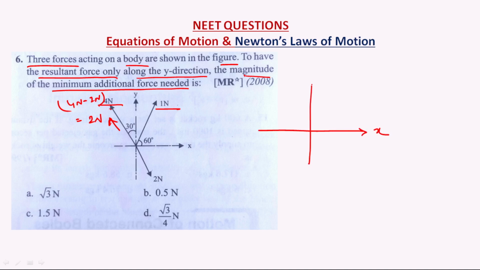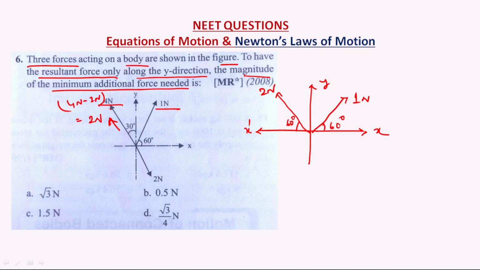This is x, this is y, this is 1 Newton making an angle of 60 degrees with the x-axis, and this is 2 Newton making an angle of 60 degrees with the negative x-axis. This has got nullified with the 2 Newton force which is acting in the opposite direction.